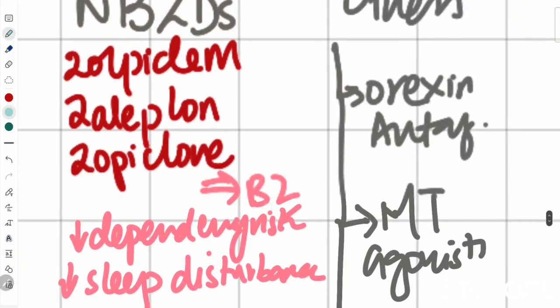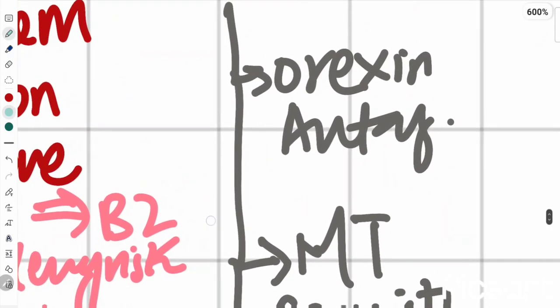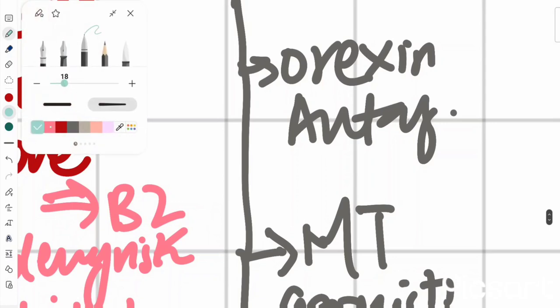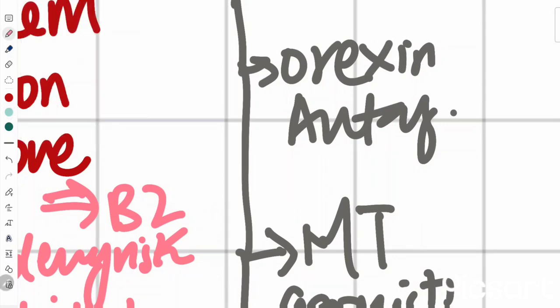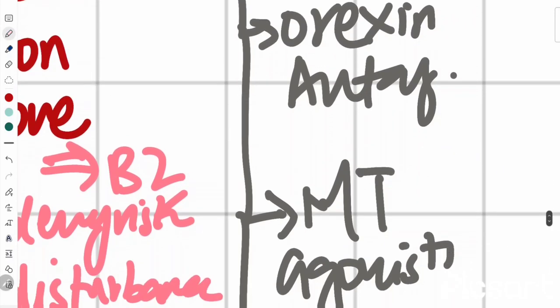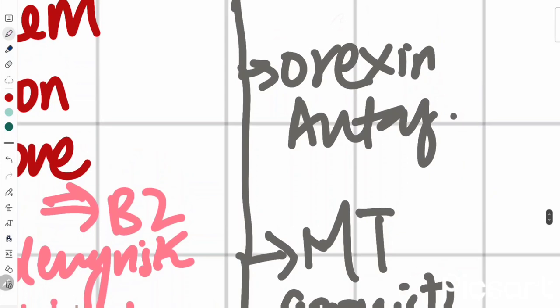Like that. Okay, next we're going to talk about orexins. So for orexins, we have the prototype that is called suvorexant. So here you go, orexin, that's how you remember it.